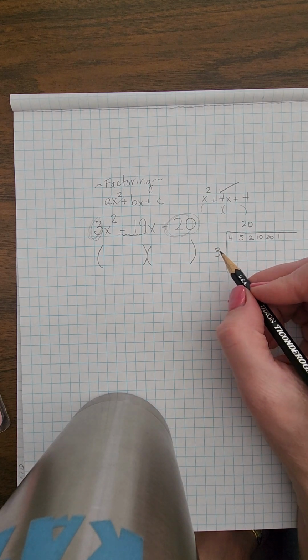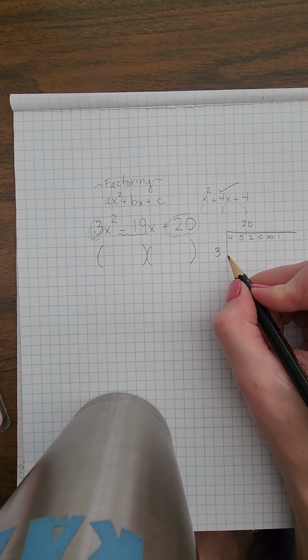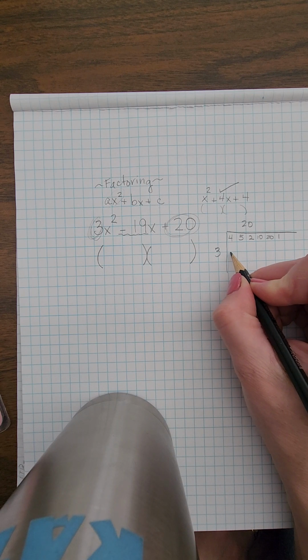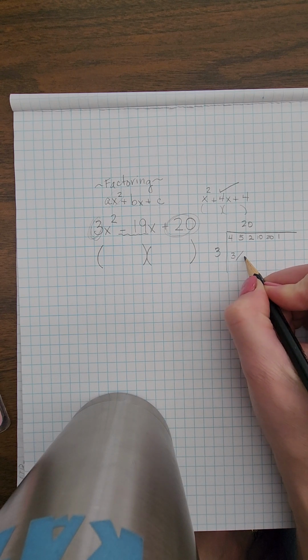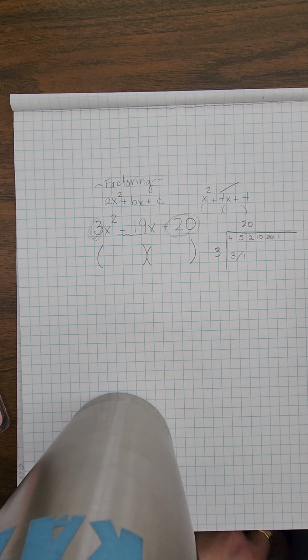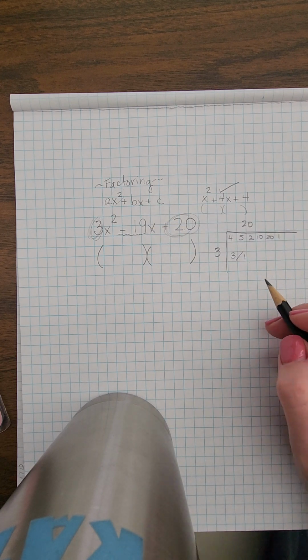Then I have my 3. Well, 3 is pretty easy because it's prime, so it's going to be 3 or 1, and that's all you're going to get. What I need to figure out is how I can combine my factors of 3 with my factors of 20 and end up with a negative 19.